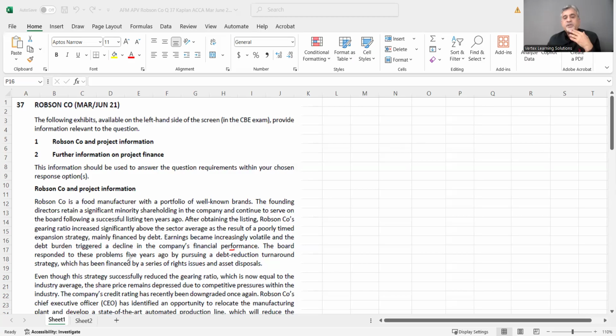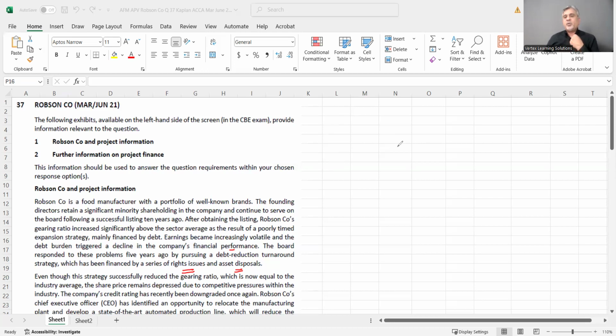The board responded to these problems 5 years ago by pursuing a debt reduction turnaround strategy, which has been financed by a series of rights issues and asset disposals. So they were selling the assets, probably the unnecessary ones, and returning the debt. And secondly, they made some rights issues. When you do a rights issue, you are issuing equity shares.